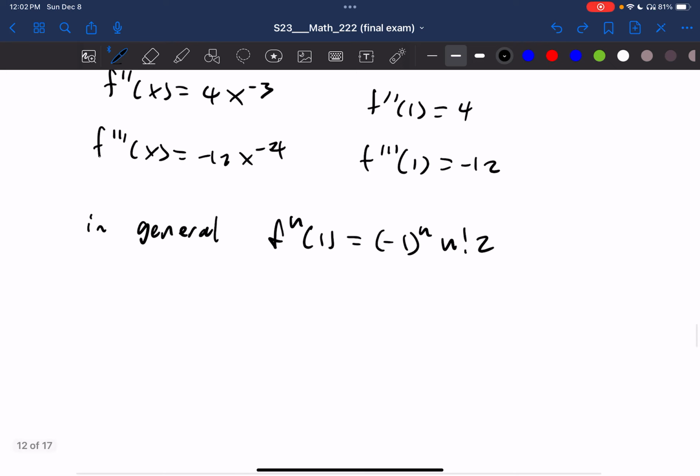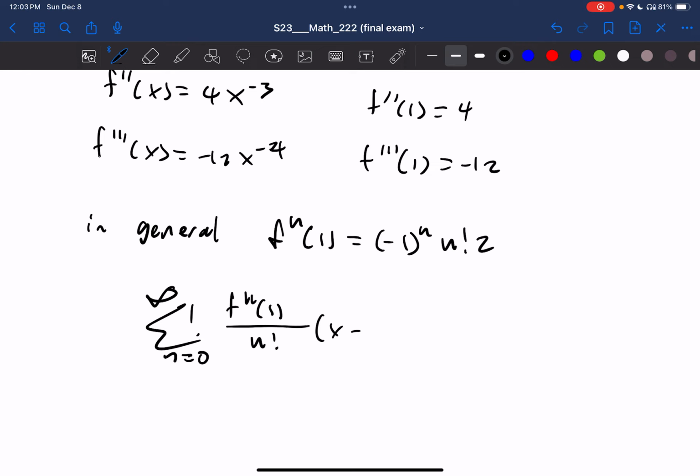So the Taylor series centered at x equals 1, the formula for the Taylor series, n equals 0, is f^(n)(1) divided by n factorial times (x minus a) to the n power.